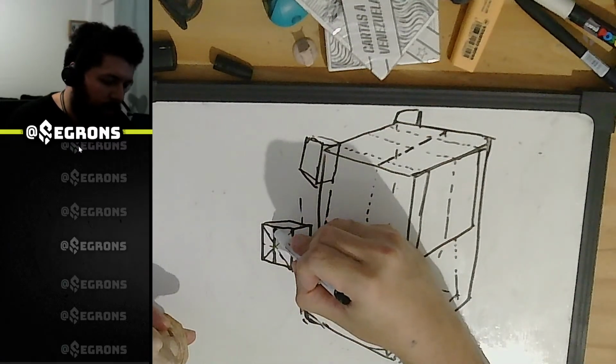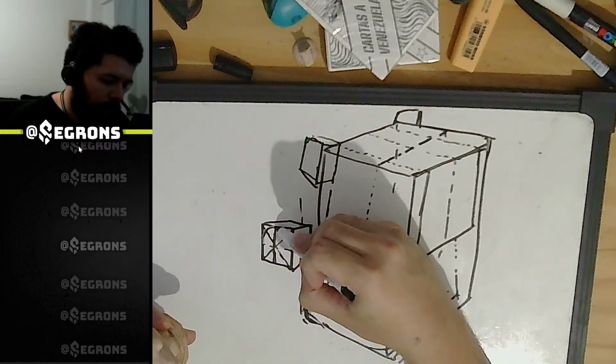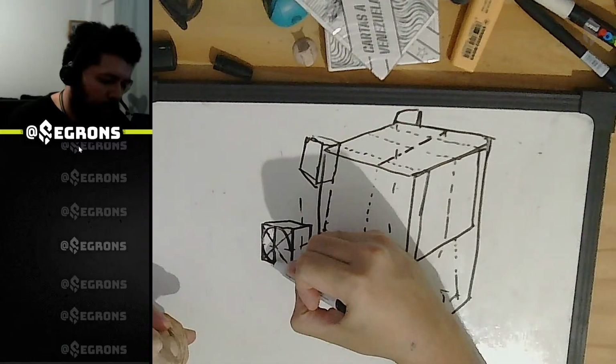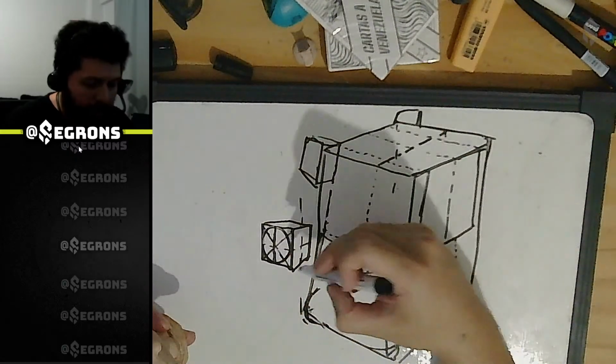And if you make a curve corner to corner to corner, you have a circle.